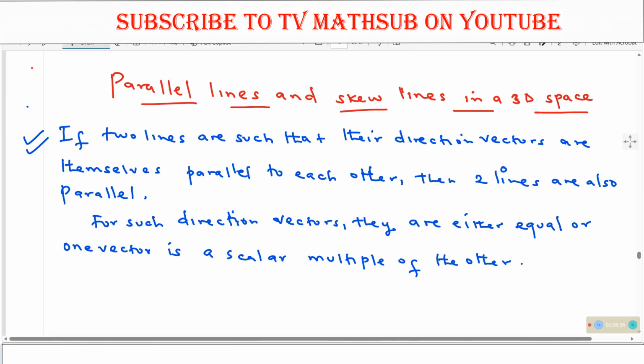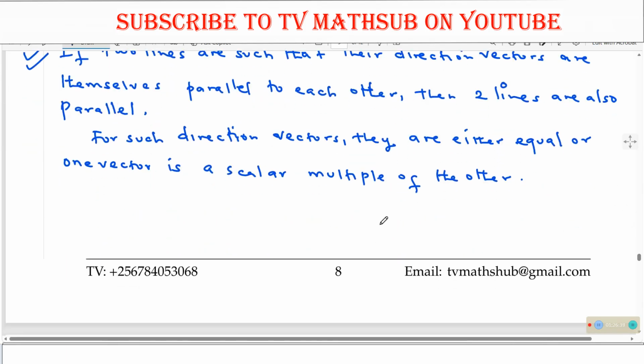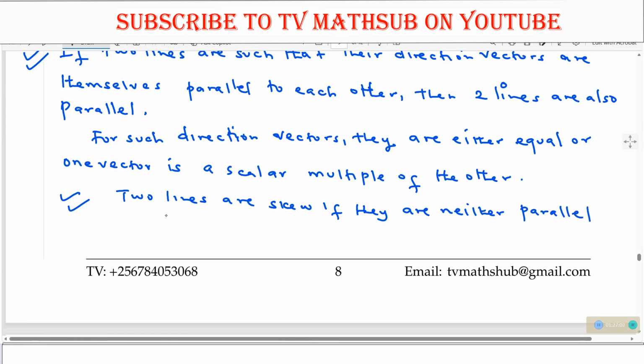Then the next one we want to talk about is the skew lines. What are skew lines? We shall be saying that two lines are skew if they are neither parallel nor intersecting.